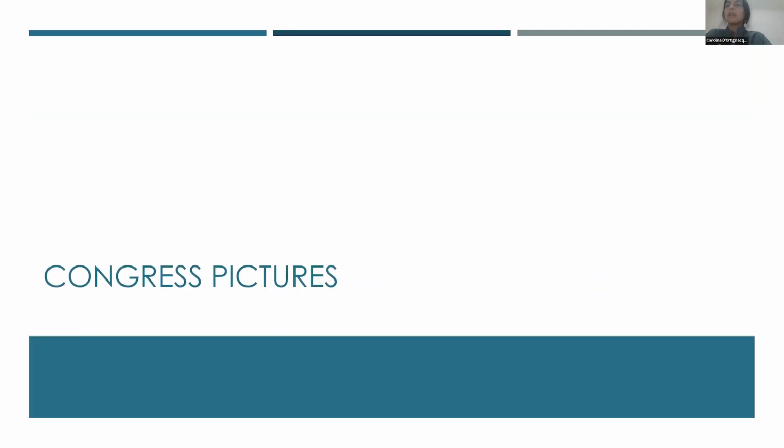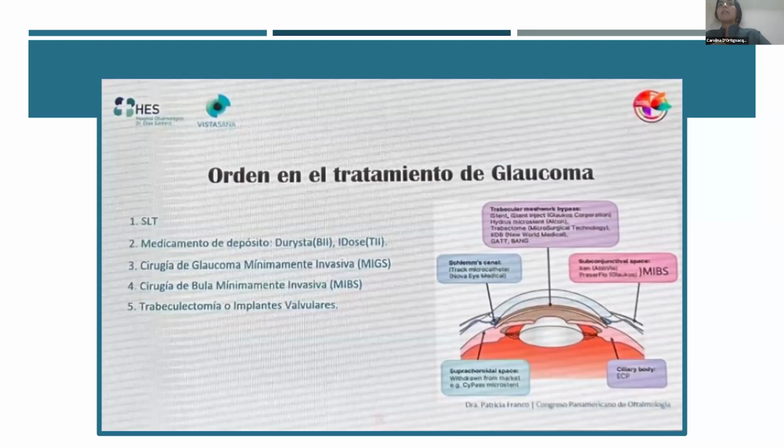So we can see here the Congress picture that they show us. Here we can see the order of treatment of glaucoma, where the first is SLT. Then second, they propose the drug depot medications: the Durysta, which is the intracameral bimatoprost implant, and the iDose, which is the travoprost intracameral implant.